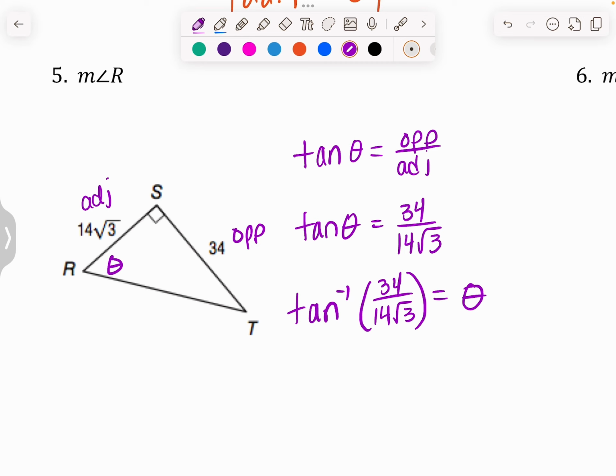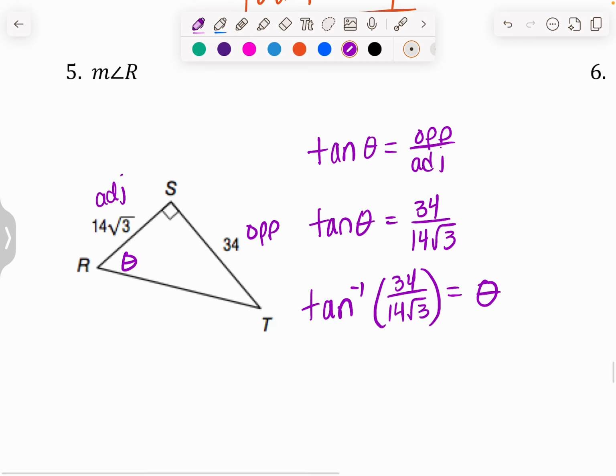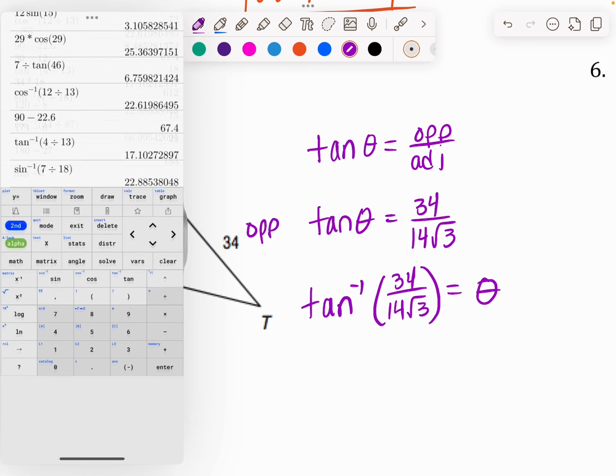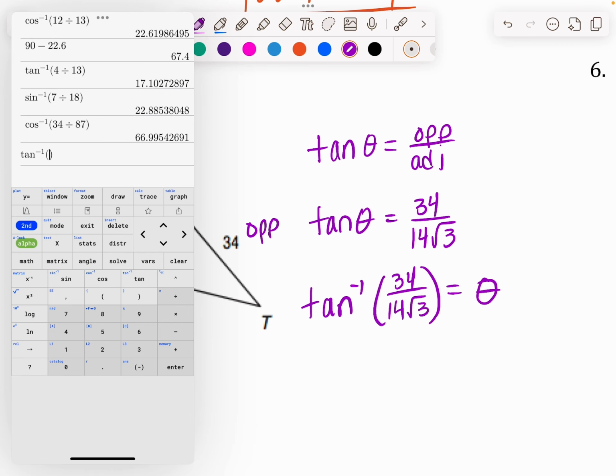Be careful when you type it in, because you want 14 square roots of 3 in your denominator. So do inverse tangent, then 34 divided by, and then another parenthesis for 14 square roots of 3, and close that second parenthesis.